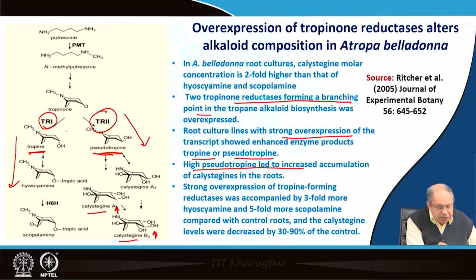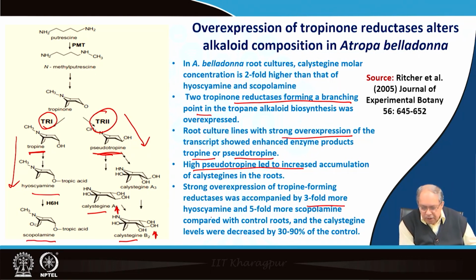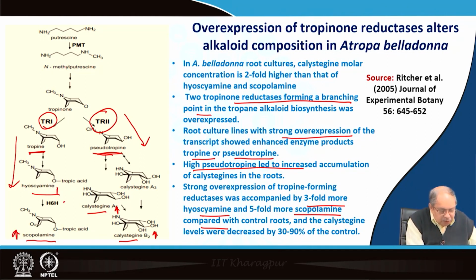When they expressed TR1, that led to the formation of hyoscyamine and scopolamine, 3-fold more hyoscyamine and 5-fold more scopolamine compared to the control line. And what happens when the scopolamine and hyoscyamine contents are higher? The calystegine content they found is reduced.